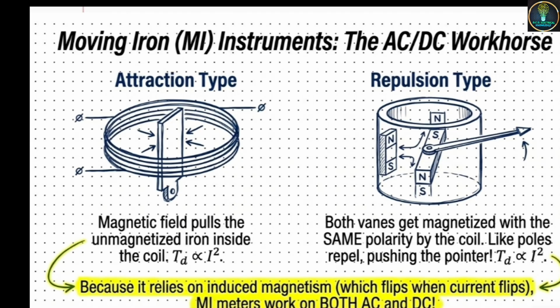Because it relies on induced magnetism, which flips when current flips, MI meters work on both AC and DC.